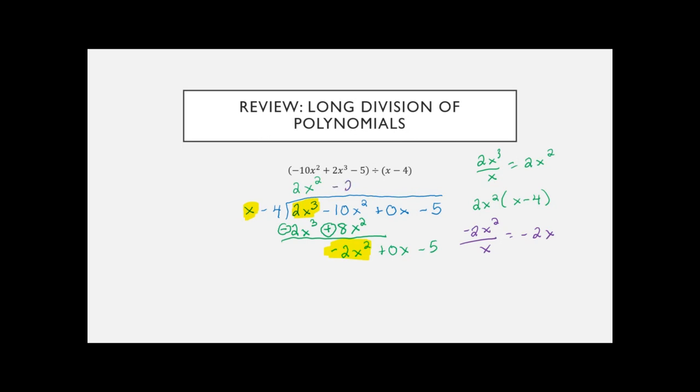So I write that on top. Then I take that negative 2x and multiply it by my x minus 4. When I distribute that, I get negative 2x times x, so that's negative 2x squared. And then negative 2x times negative 4 is a positive 8x.